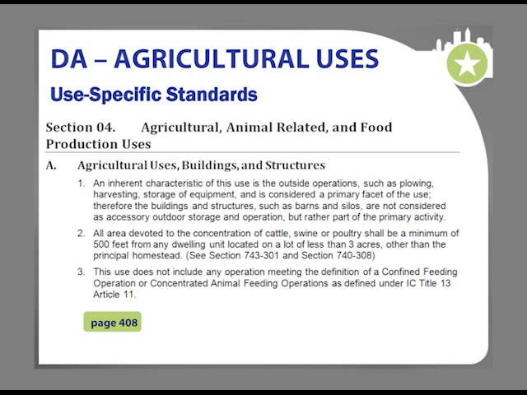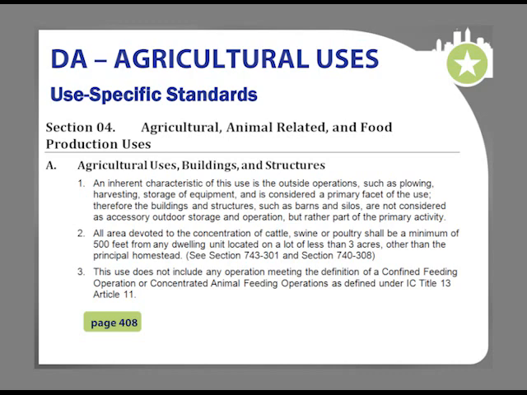This is, again, still in the use-specific standards, but we make it clear that you can do certain operations without limit. For example, accessory structures, barns and silos, those can exceed the height limitations.